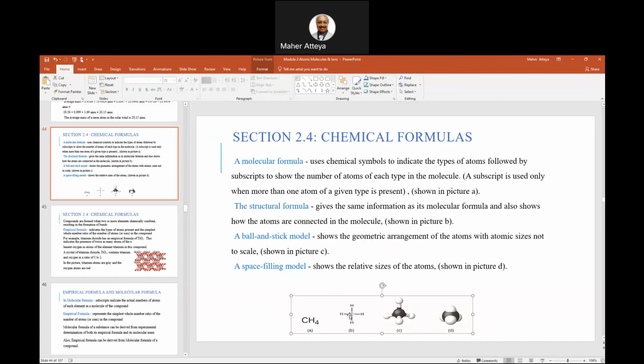Number B, if you look at the B here, this is a structural formula where you are trying to draw 3D molecules in 2D, on a piece of paper. And sometimes this is very hard to visualize how the whole thing looks in real space. So B is a structural formula, which really is an attempt to draw 3D in 2D. So this is a piece of paper.